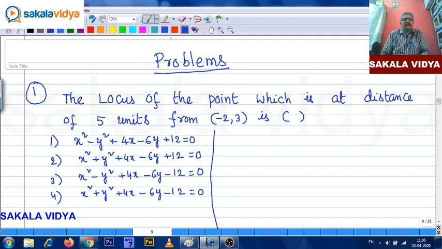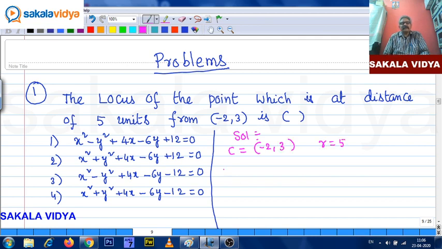Now, the locus of a point which is at a distance of 5 units from minus 2 comma 3. So, this is a circle. Now, the fixed point is the center and this is the radius. That means center is equal to minus 2 comma 3 and r is equal to 5.